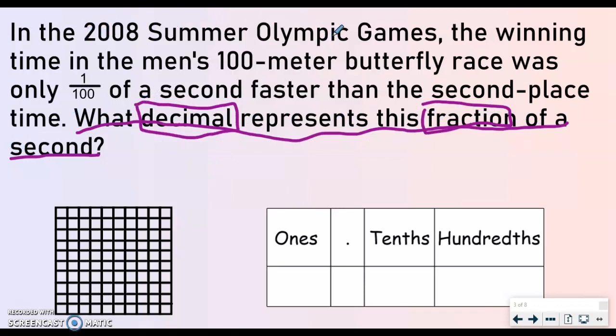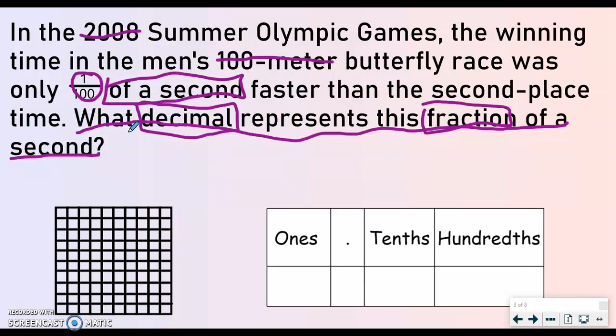So 2008 refers to the year of the Olympic Games. That's not exactly necessary. The winning time in the men's 100-meter butterfly, well, that's just telling me the distance of the race. So that's also not going to help me with converting the fraction to a decimal. Was 1/100th of a second faster than the second place time.